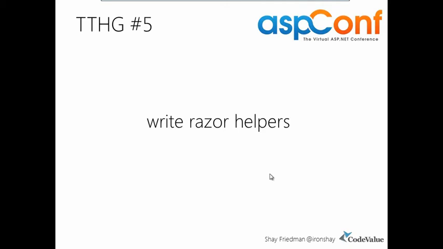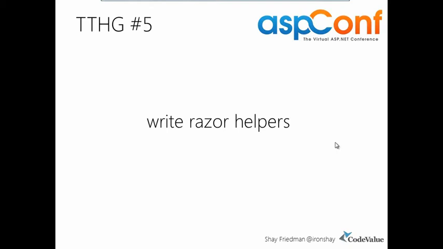You could understand it from the name, of course, but they can help you reduce code repetition. If you write stuff in your views again and again, then you can just go and write a Razor helper to do that for you.